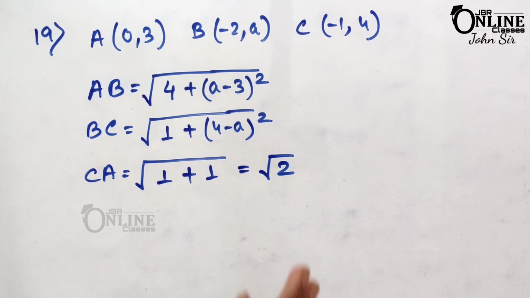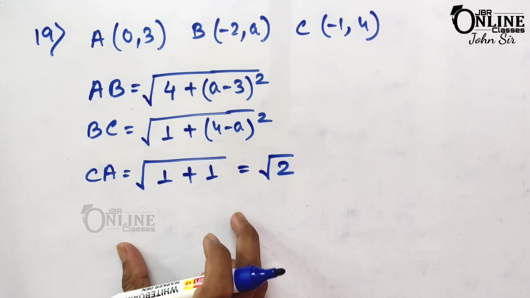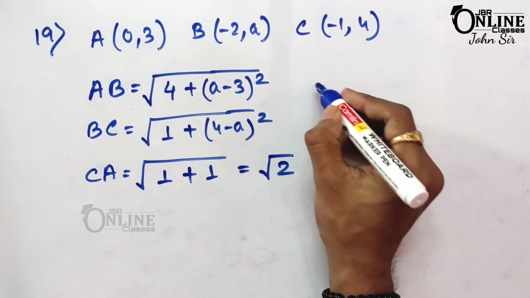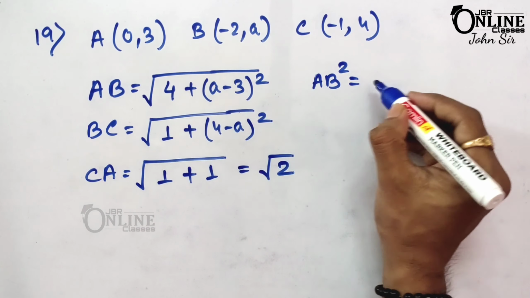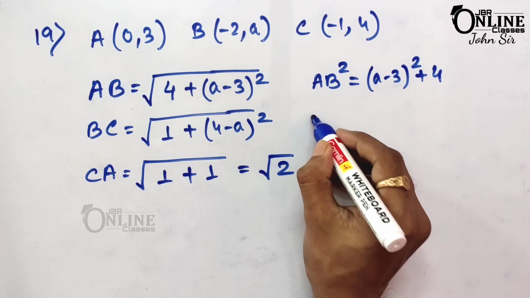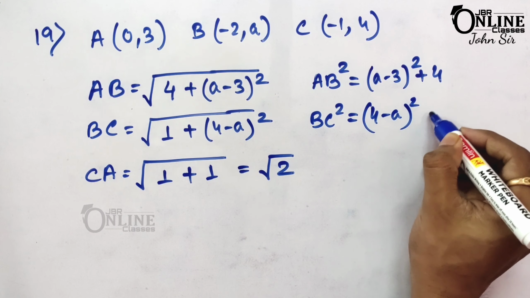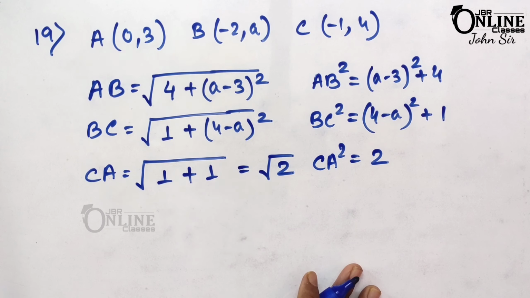So now you have to find out which one is your perpendicular, which one is your base, and which one is your hypotenuse. First, find out the square of these 3 lengths. So here AB square will be A minus 3 whole square plus 4. Then BC square equals 4 minus A whole square plus 1, and then CA square equals 2.